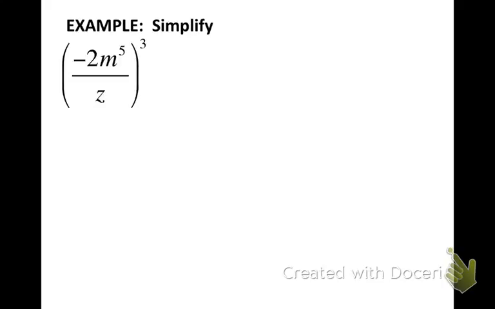What would be your first move? How many terms do I have in my numerator? I've got 2. I've got a negative 2 and I've got an m to the 5th. So I'm going to take the negative 2 and I'm going to take it to the 3rd power.